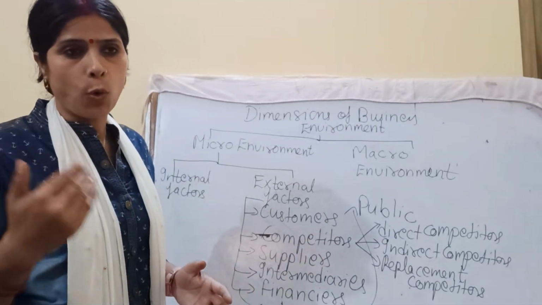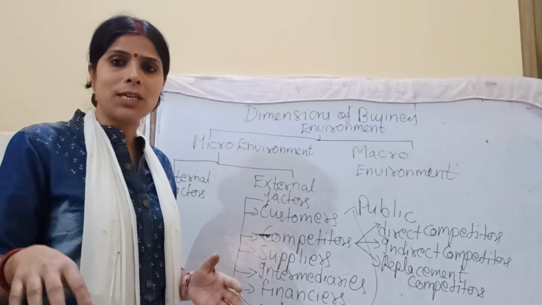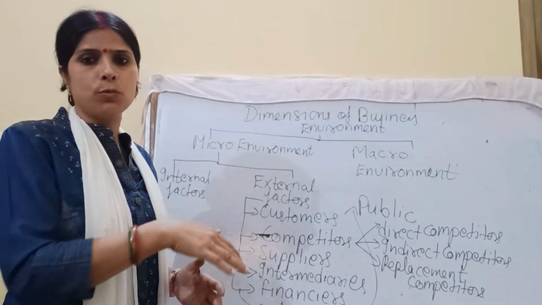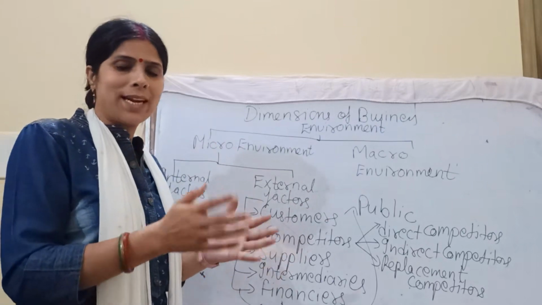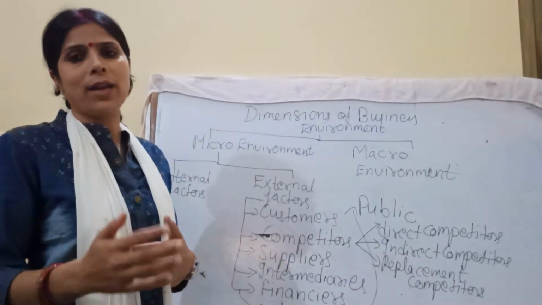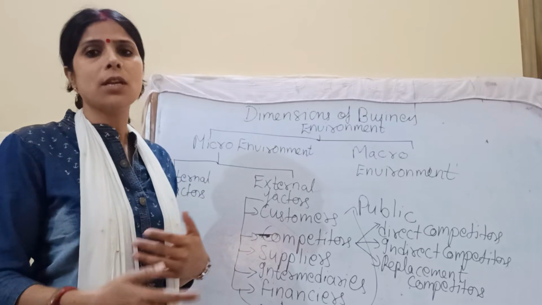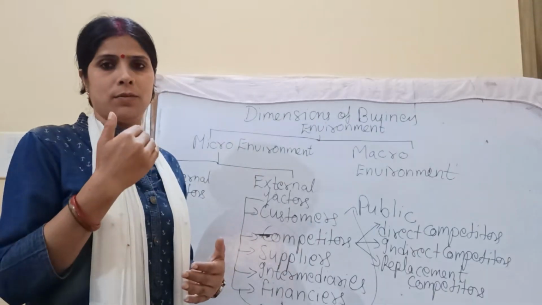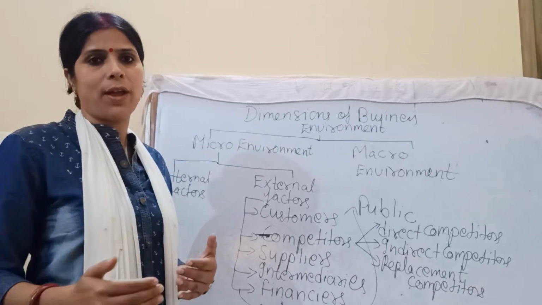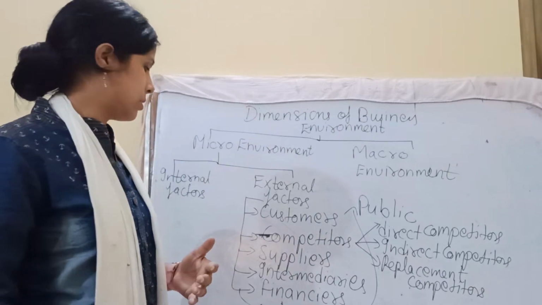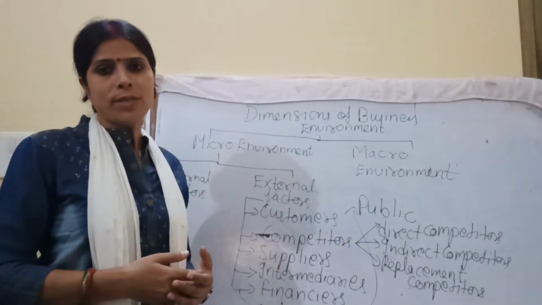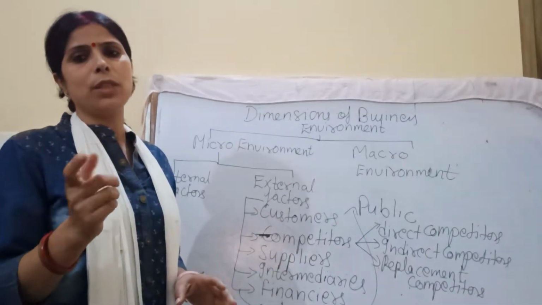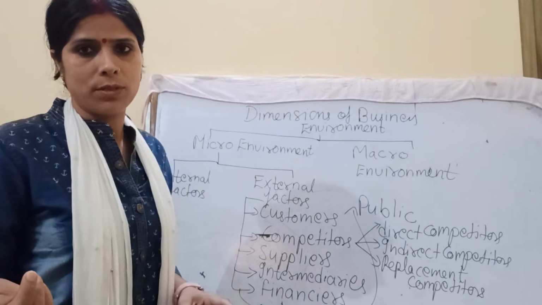The wholesalers collect information from the retailers about the customers and transfer it to the producers. So the producers get the feedback, then modify and make changes in his production, and he gets success in satisfying the needs of the customers. So these wholesalers and retailers establish a link between the producers and the customers.